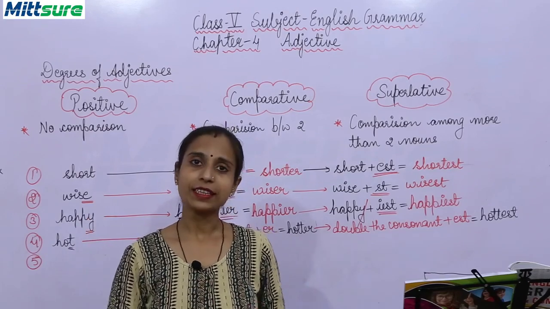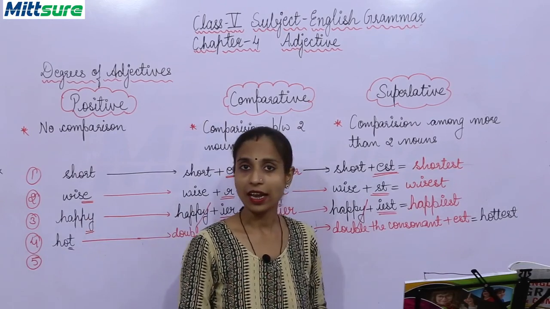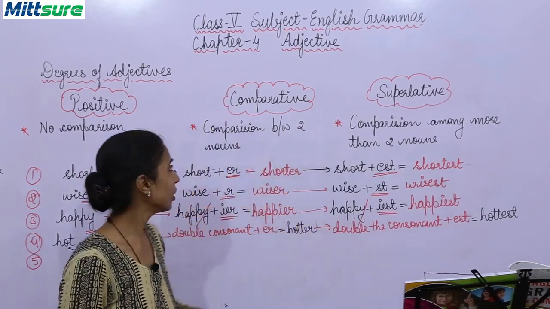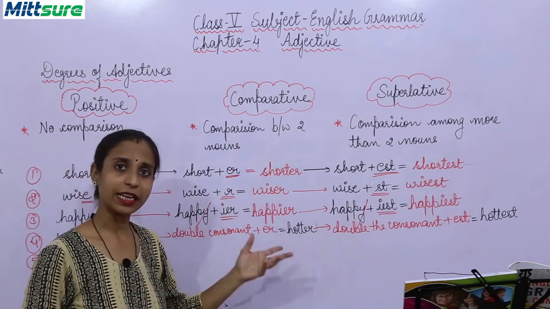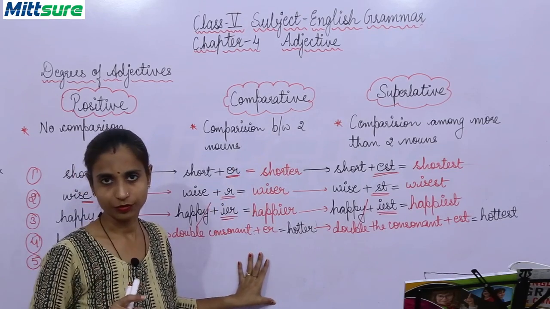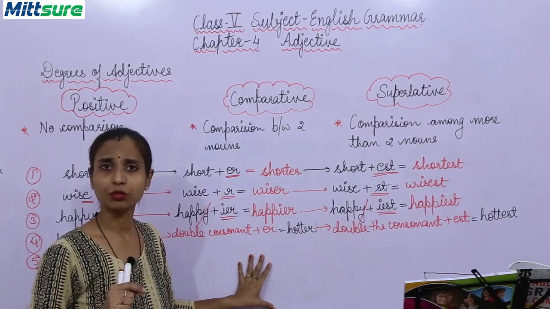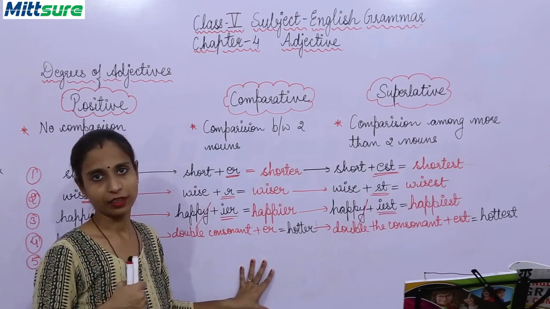When the adjective ends with a suffix, we cannot apply the basic rule of adding ER or EST or IER. We cannot use that basic rule. So, what are we going to do? We are going to put more in front of that.